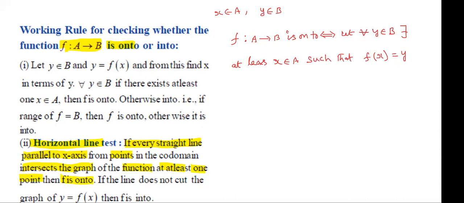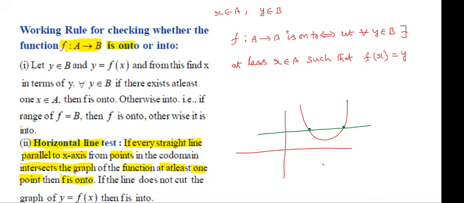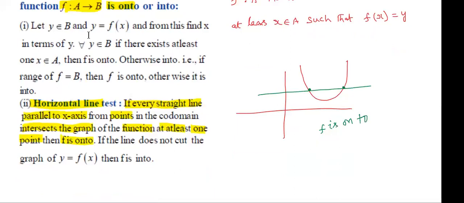Already we discussed this. Suppose we draw the curve. This is the curve. So draw the line horizontal to the x-axis. This intersects at at least 1 point. More than 2 points is also possible. So in this case, we can say that f is onto. This is the graphical test, the horizontal line test.